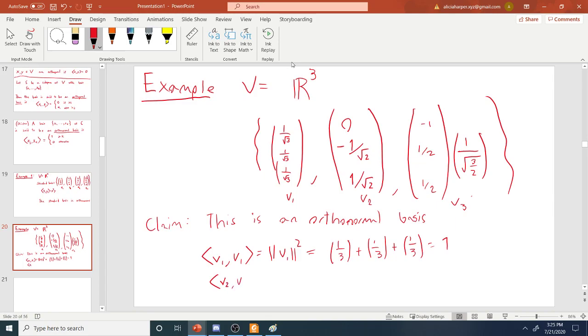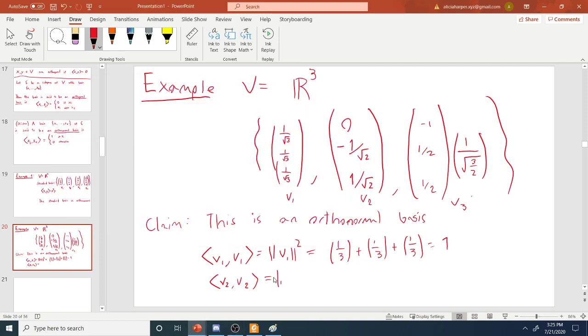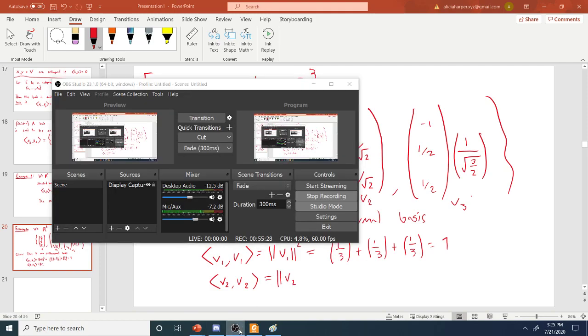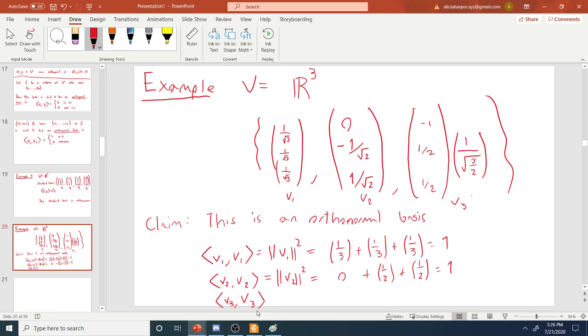Likewise, the inner product of V2 with V2 is the same as the norm of V2 squared, which equals 0 plus 1/2 plus 1/2, and this gives 1. And then finally, the computation I just had to do in my head when writing this down is the inner product of V3 with V3. This ends up being equal to, on the outside, 1 over 3 over 2.